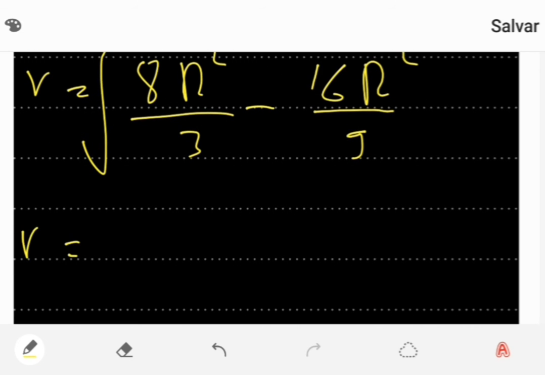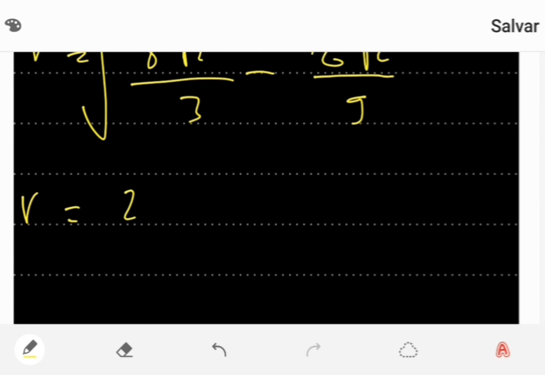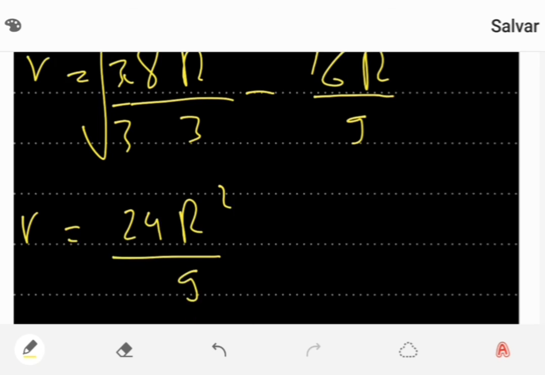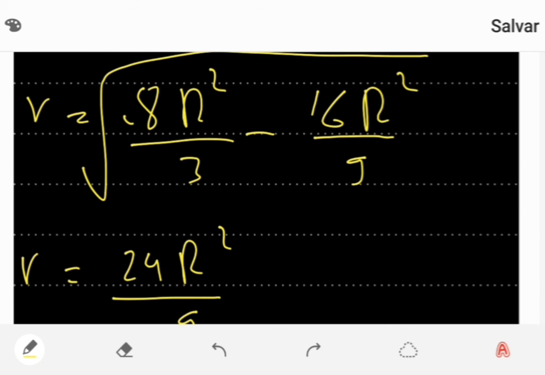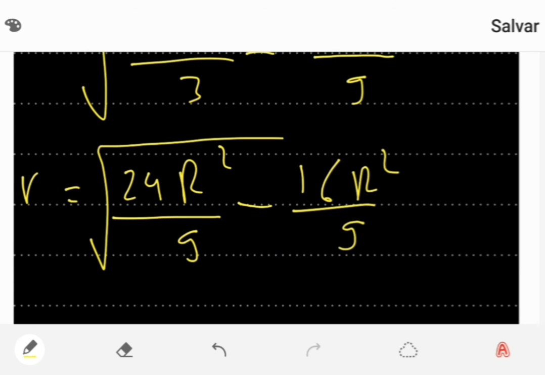So r is equal to 24R squared divided by 9. I just multiplied 3 above and 3 down, okay, minus 16R squared divided by 9.